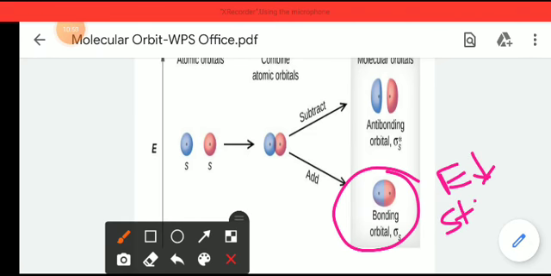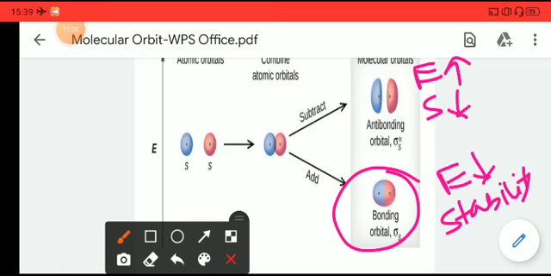The energy is less, so the stability is higher. But in the case of the antibonding molecular orbital, the energy is higher but the stability is lesser. So remember, for BMO the energy is lesser but it has higher stability, while for the antibonding molecular orbital the energy is higher but it has lower stability.